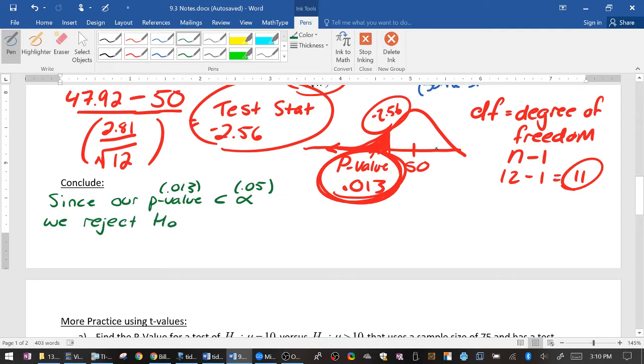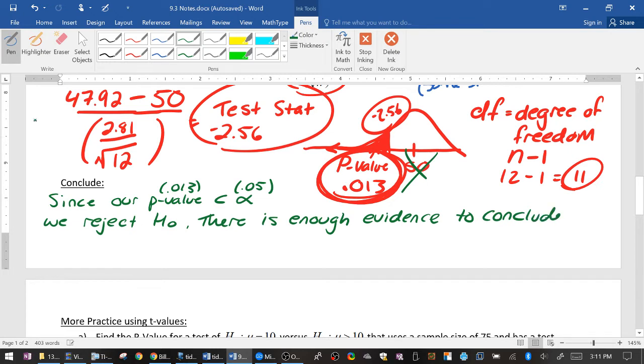Okay, so what I'm saying is that it is not 50, that the radio station does not play 50 minutes of music per hour. If I reject H0, that means that there is enough evidence to conclude what we are trying to prove. Well, what were we trying to prove?